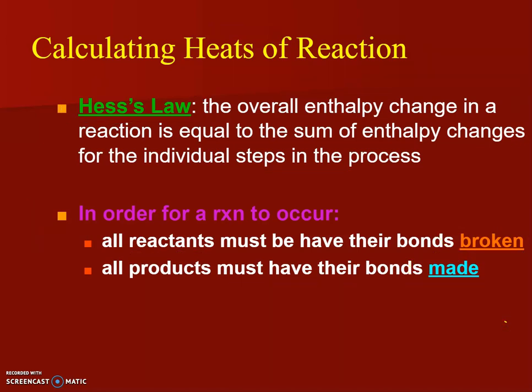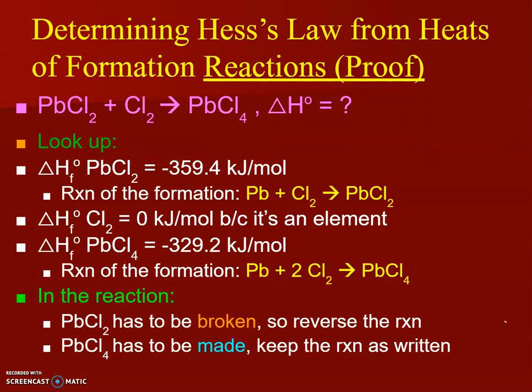So what we are going to do is work through a proof of Hess's law, and then the next video is going to show you the shortcut. The proof is going to determine how we know what the delta H value is for this chemical reaction.